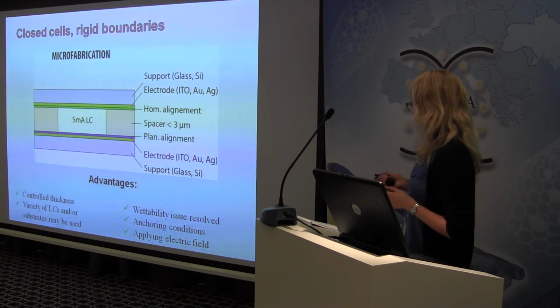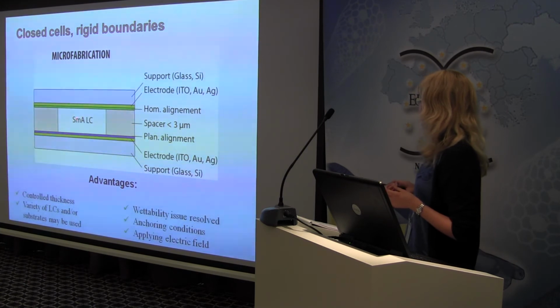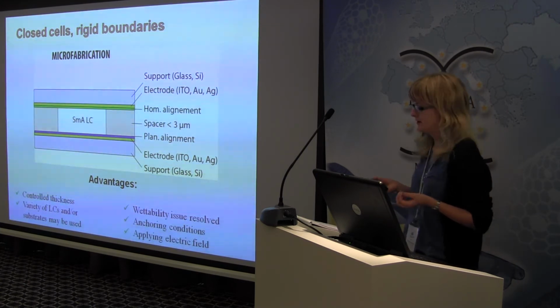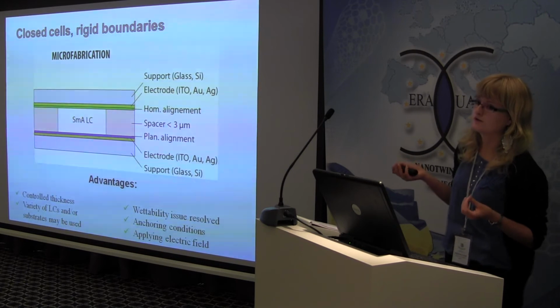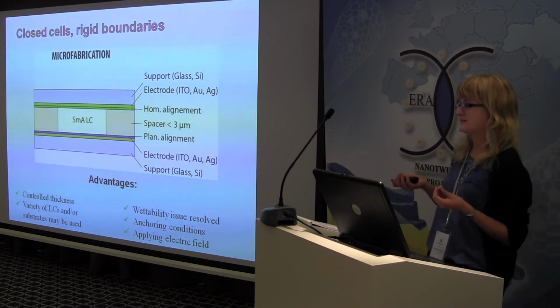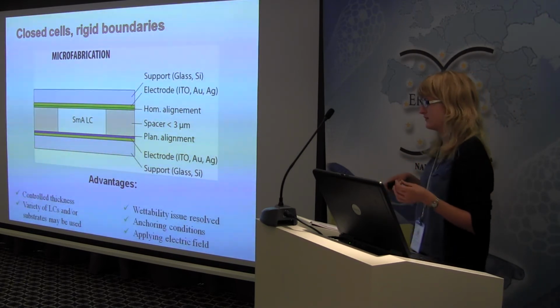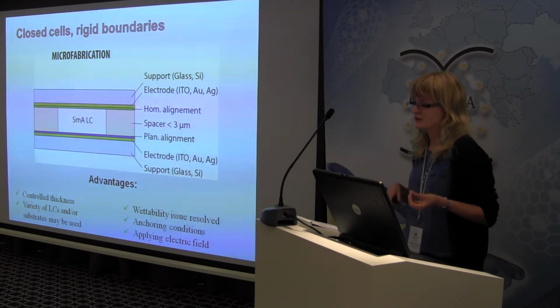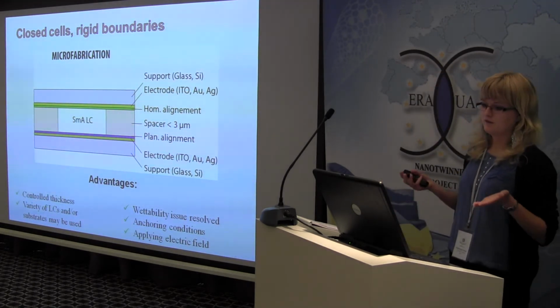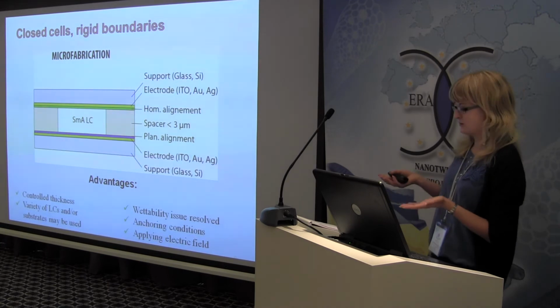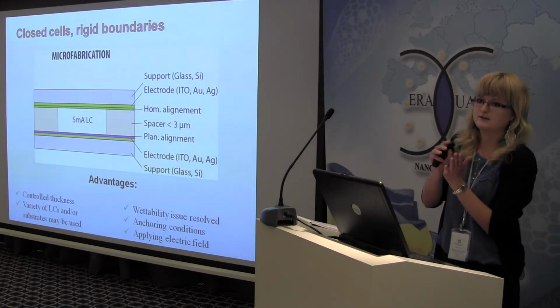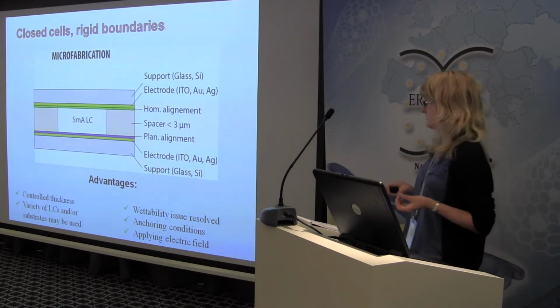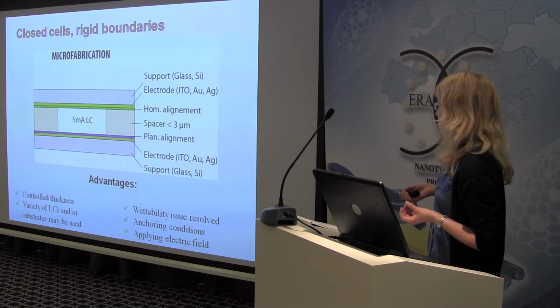Another thing is that in the closed cells, we can use a much higher variety of different liquid crystals and different coatings, because the wettability problem is solved. We can reach the thickness just because we have to confine the surfaces.